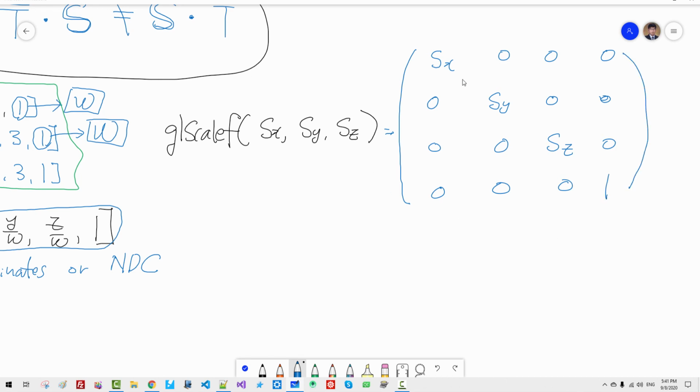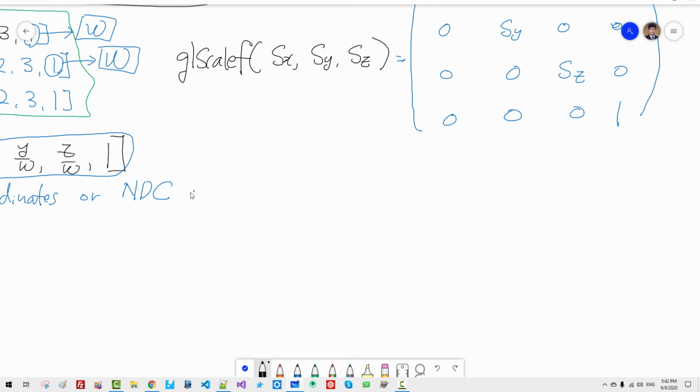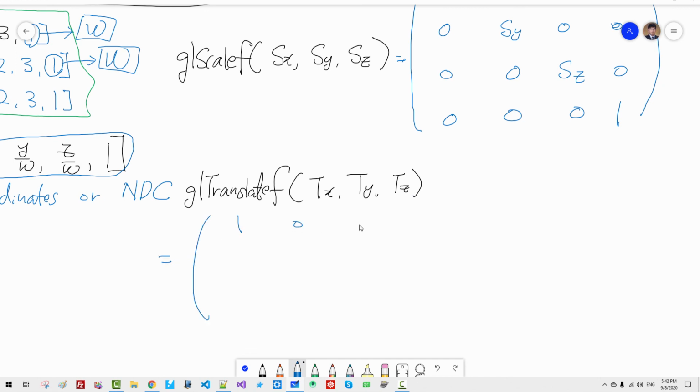This is the scaling matrix. In the same manner, if you specify glTranslatef tx, ty, tz, then OpenGL generates 1 0 0 tx; 0 1 0 ty; 0 0 1 tz; 0 0 0 1.